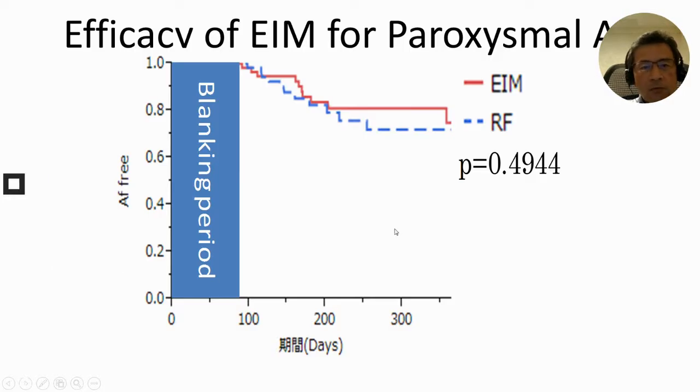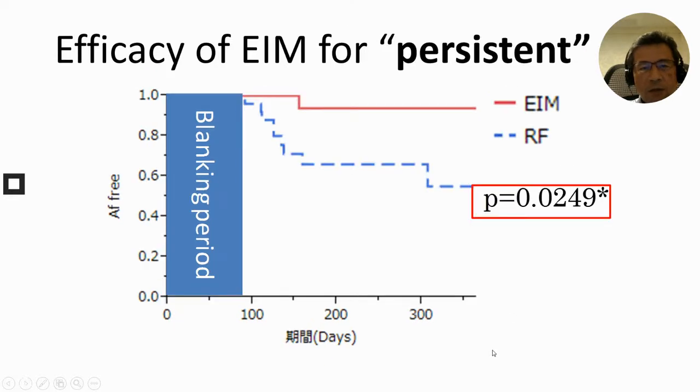And when we performed the Kaplan-Meier analysis regarding persistent AFib, between only RF ablation and RF combined with chemical ablation, we found no significant difference between both groups. However, regarding persistent AFib patients, compared to the only RF ablation group, RF ablation combined with chemical ablation of the vein of Marshall was able to provide a significantly better clinical outcome, as shown here.